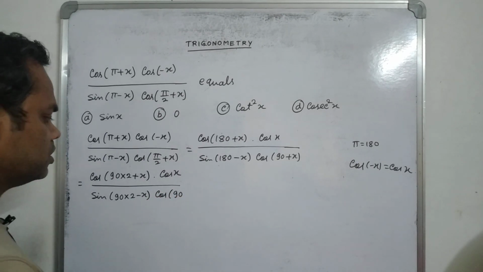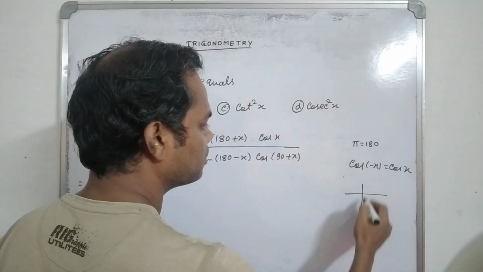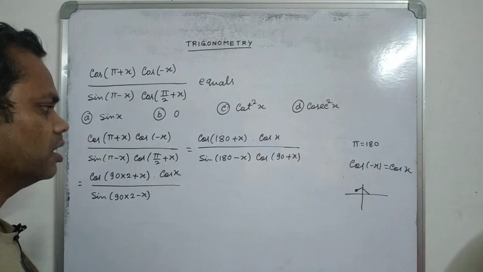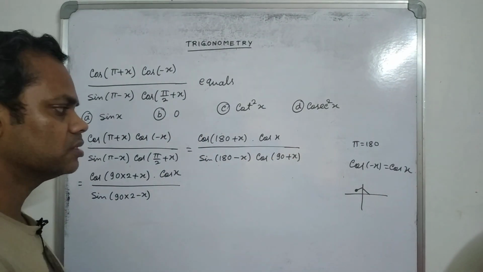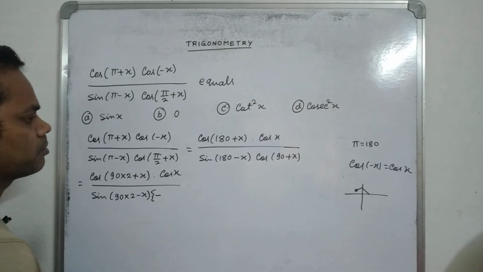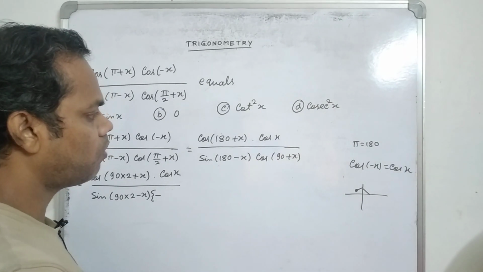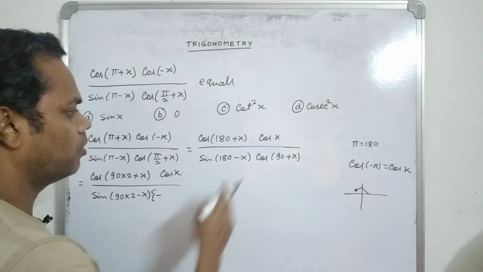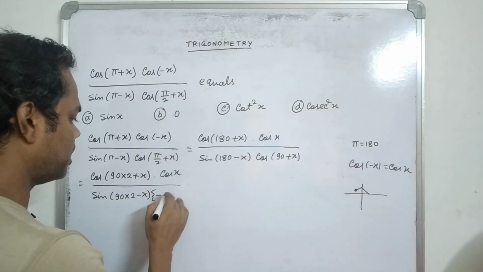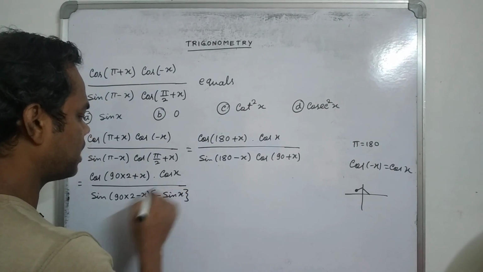Now I see that 90 plus x lies in the second quadrant. In the second quadrant cos is negative, so this is negative. And 90 into 1 is an odd multiple of 90. For an odd multiple of 90, cos changes to its complement. The complement of cos is sin, so this is sin x.